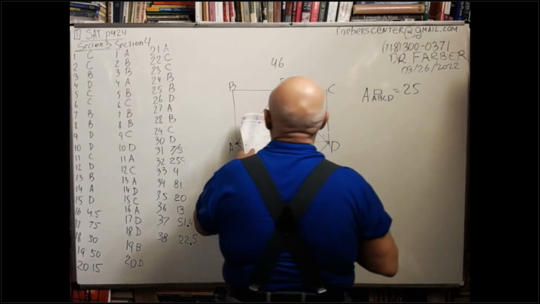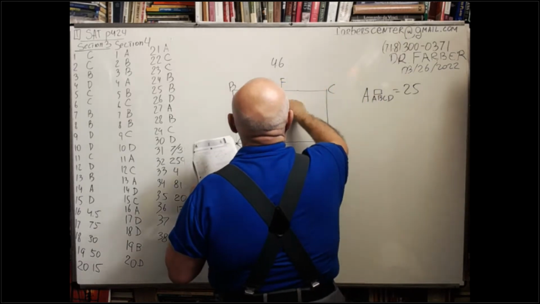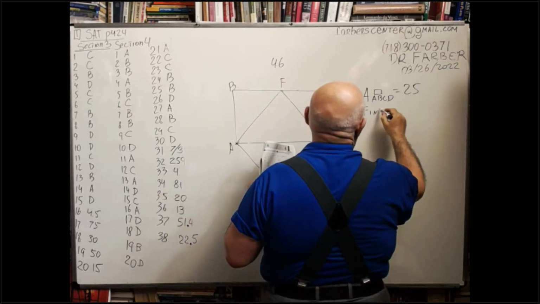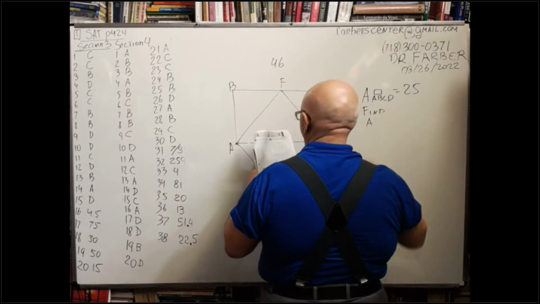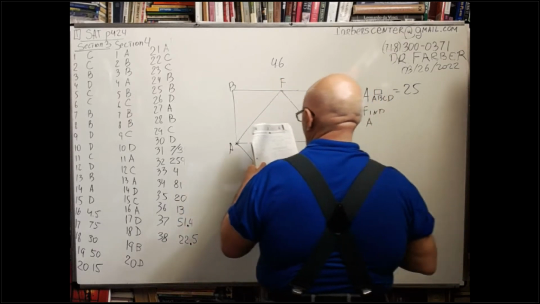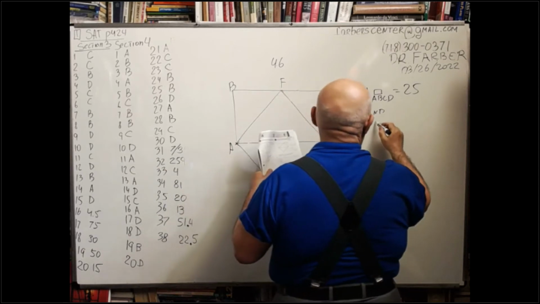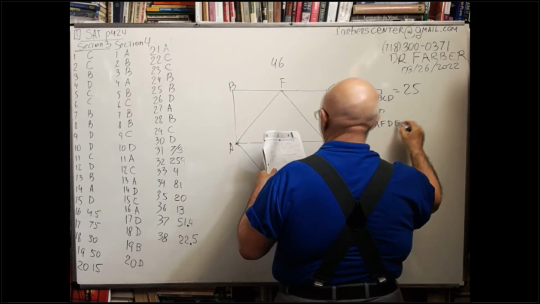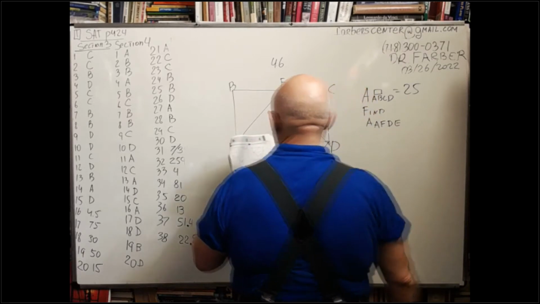Find, oh, this is a parallelogram, it's not a right 90 degrees, parallelogram. Find the area of AFDE.